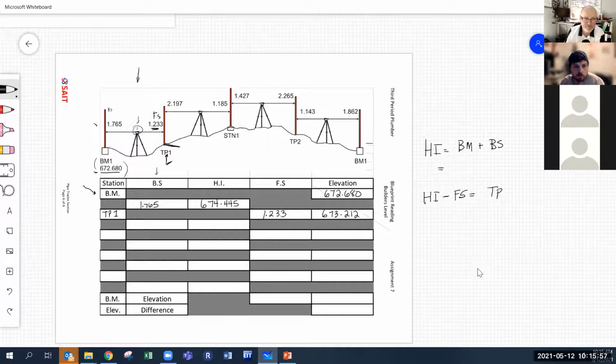Okay. So at this point, the person holding the rod at this station stays there and does not move. We determine what that elevation is, we have it right there. This person does not move, but then the person moves the instrument to a new location.